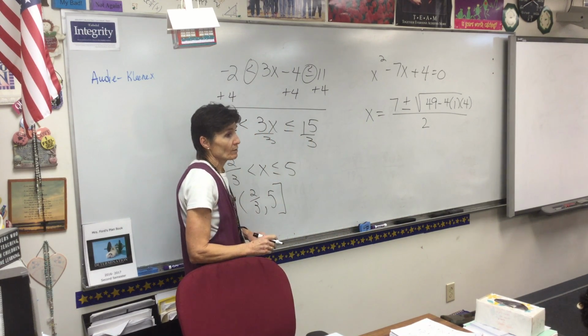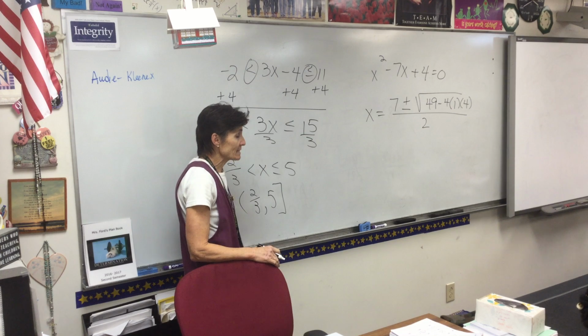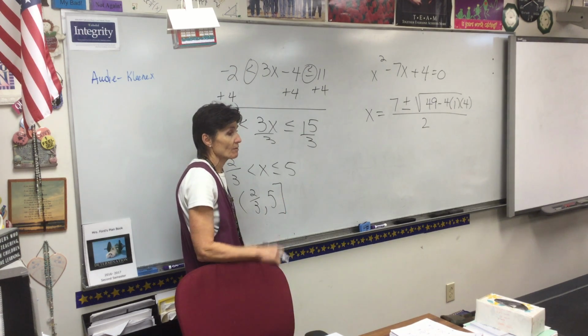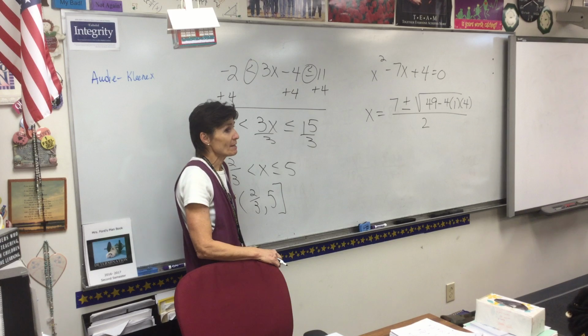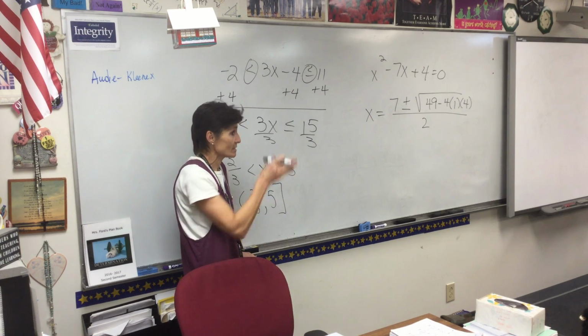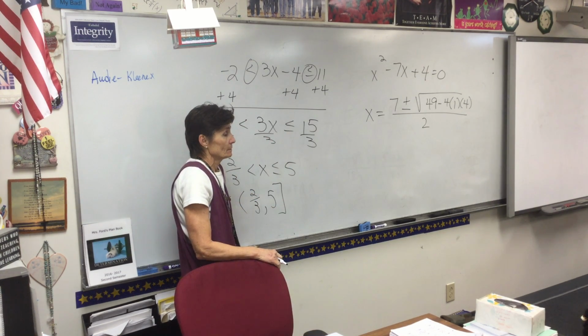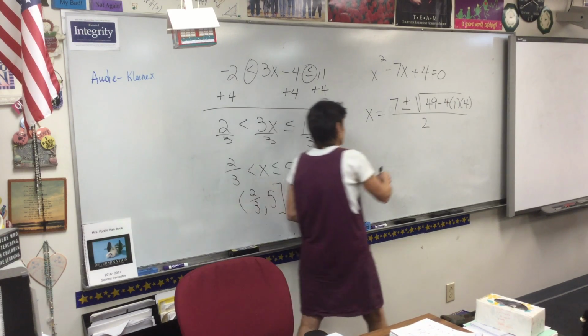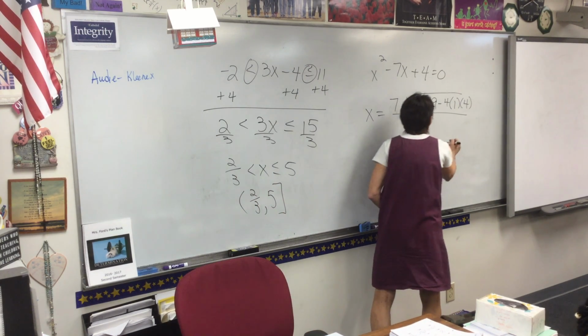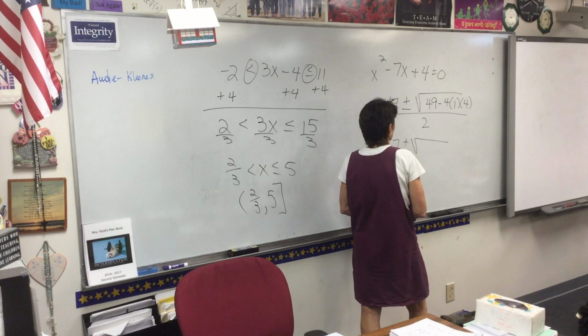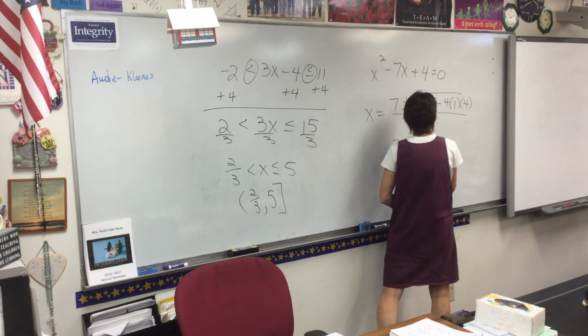You need to know the quadratic formula. Remember what I said earlier, if it's on the review, it's on the exam. So there's going to be an exam question that says solve. 7 plus or minus the square root of 49 minus 16.